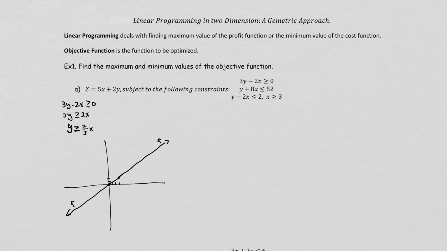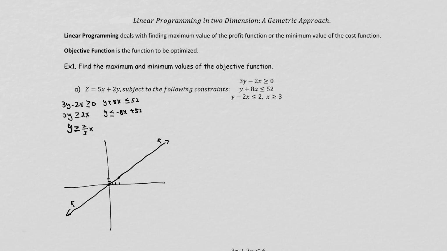So it will be above this line. And let's look at the other ones. We have y plus 8x, and we don't need to use a different color here, so let me just use black. y plus 8x is less than or equal to 52. Solving for y, I will get y is less than or equal to negative 8x plus 52.